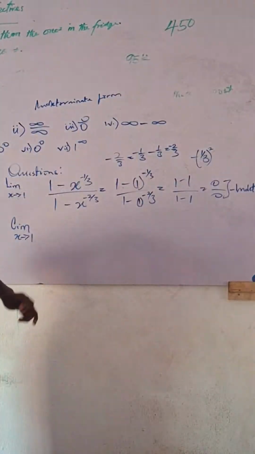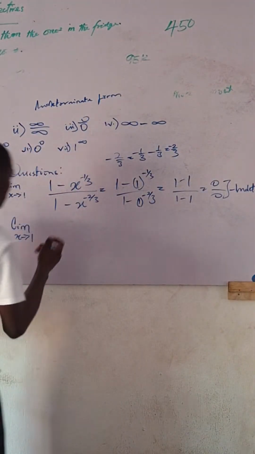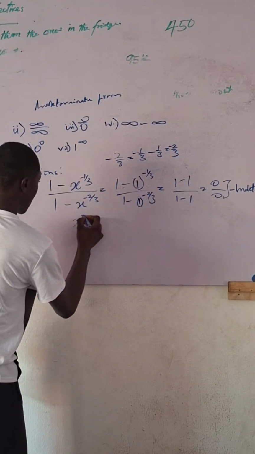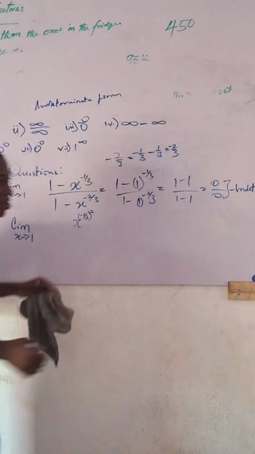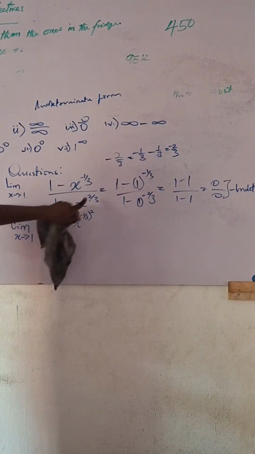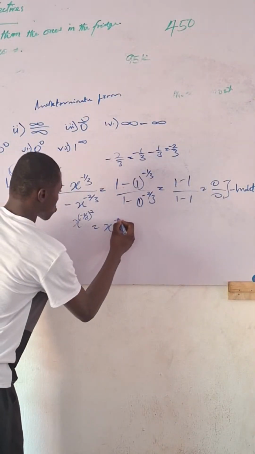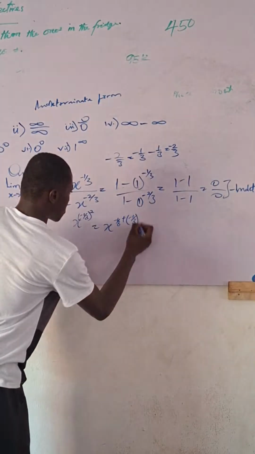So I can write x raised to the power minus 1 over 3. If I add the power, I'll still get back to x raised to the power minus 1 over 3.